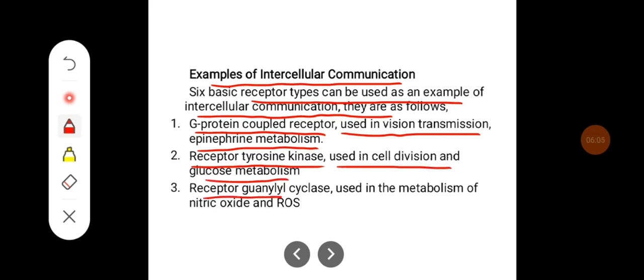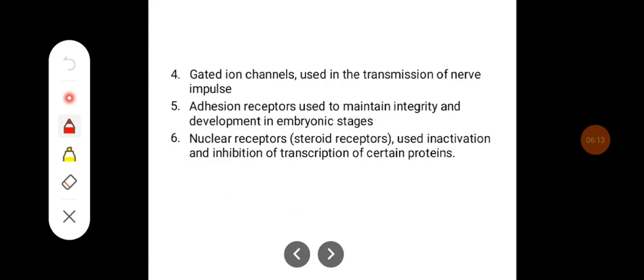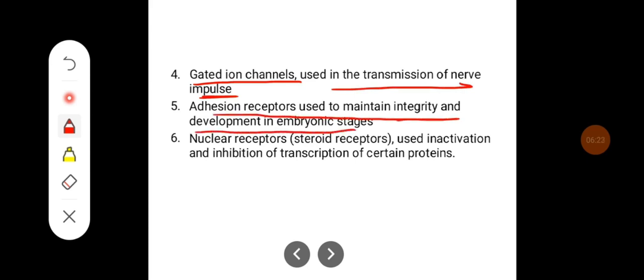And then receptor guanylyl cyclase, used in the metabolism of nitric oxide and the ROS system. Then gated ion channels, which are used in the transmission of the nerve impulse. Then adhesion receptors, used to maintain integrity and the development of embryonic stages. Then nuclear receptors, which are usually the steroid receptors, used in activation and inhibition of transcription of certain proteins.